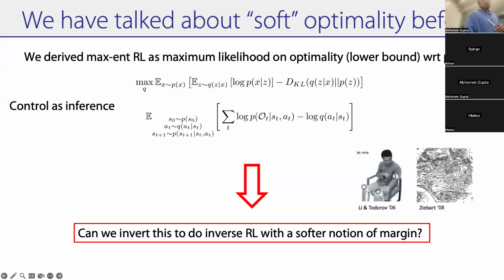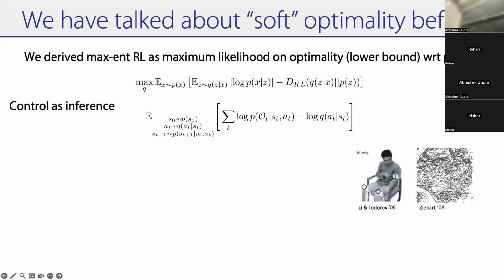And the point that we made when we were doing control as inference is that human behavior is not optimal. Human behavior is noisily optimal, right? So this is the perfect use case, because we have real human data, and real human data may not have been optimal. It may not have been maximizing margin from everything else. Real human behavior is probably soft optimal.